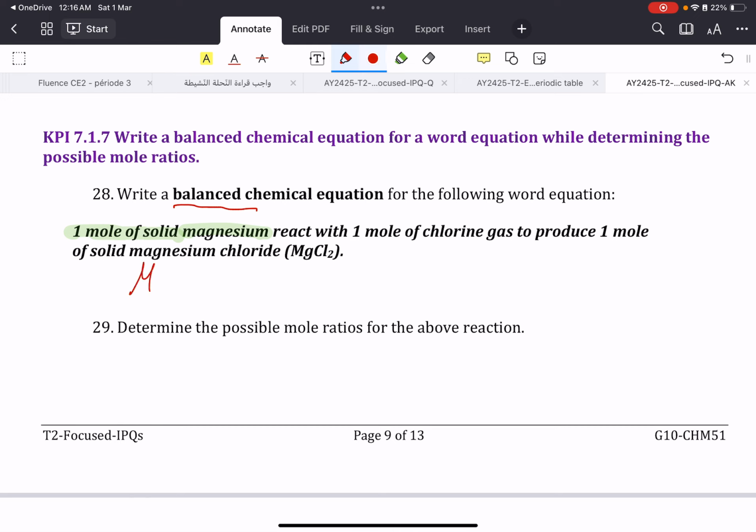So from the periodic table, magnesium is a metal, Mg solid. And they're telling you just 1. Reacts, so it's a plus. Reacts with what? With 1 mole of what? Chlorine. Chlorine is written as Cl2.